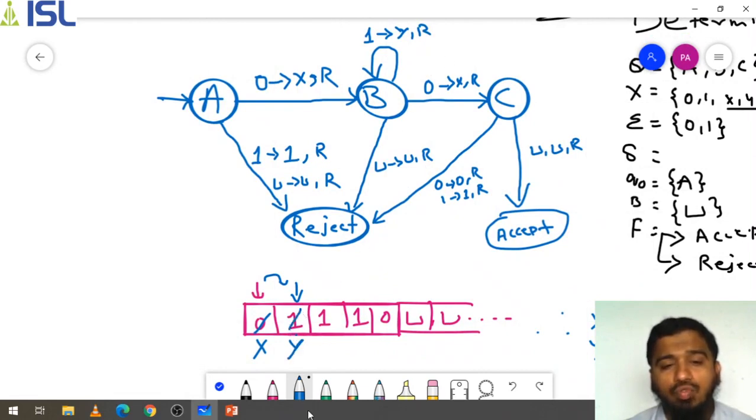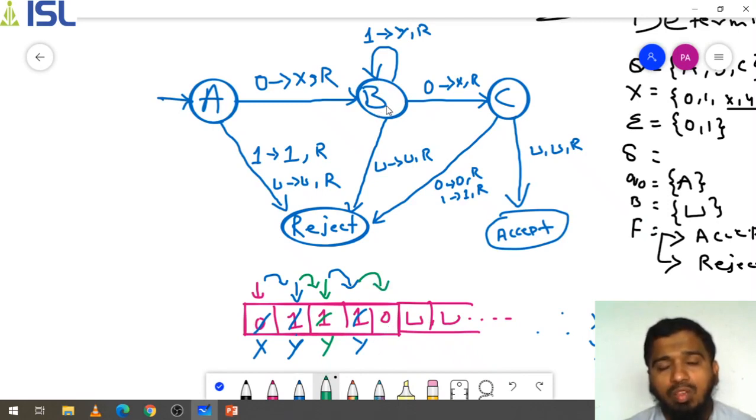And what is my header now? This one. If it is again 1, it moves to y and moves to next. And here again it is 1 in the tape, then again it is changed to y and the header is moved to the next state.